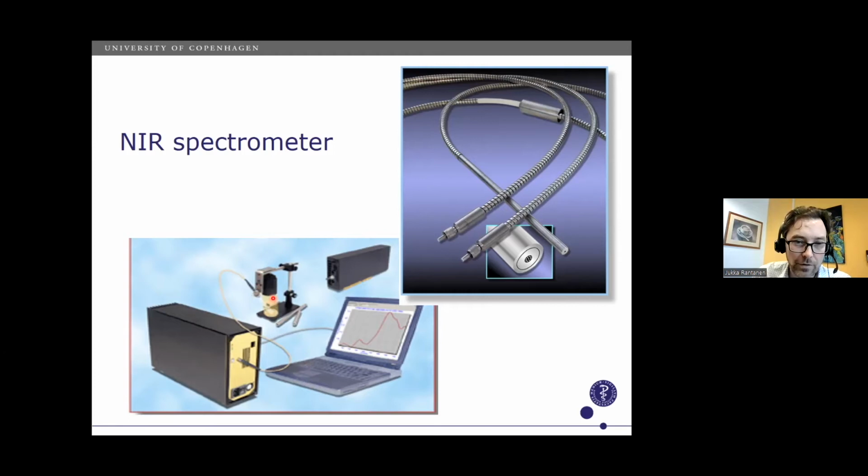So you can measure the sample from the distance of 20 centimeters, and then the light is illuminating the sample, and then the collecting fiber is collecting the back reflected light to the spectrometer that is sitting here. And then this spectrometer is connected to a laptop, so then you can visually see the spectra after measurement.